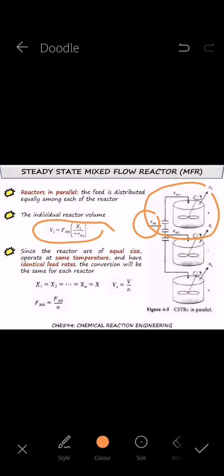So unlike series reactor, you ada FA1, FA2. So ini semuanya FA naught. Okay. So dia ada cakap, since the reactors are of equal size and at the same temperature, so bermakna you have identical FA naught. And the conversion for each reactor is also going to be the same. Yang ni. Okay. Alright.